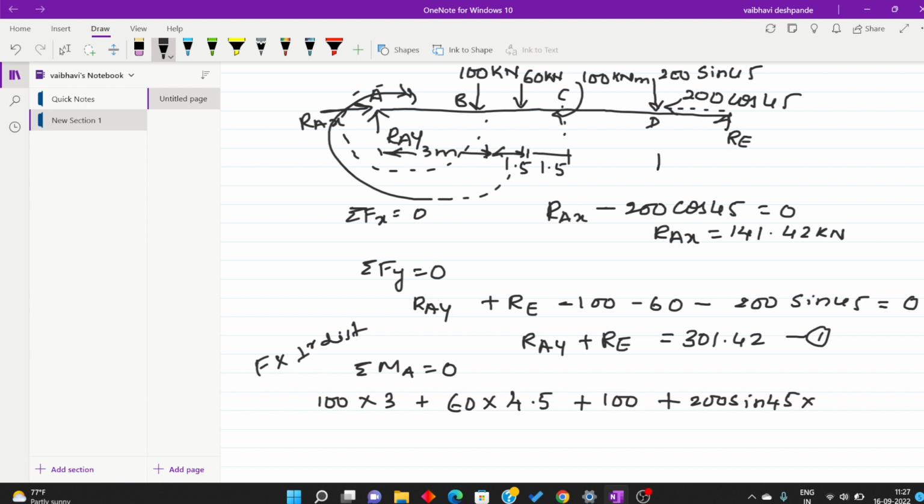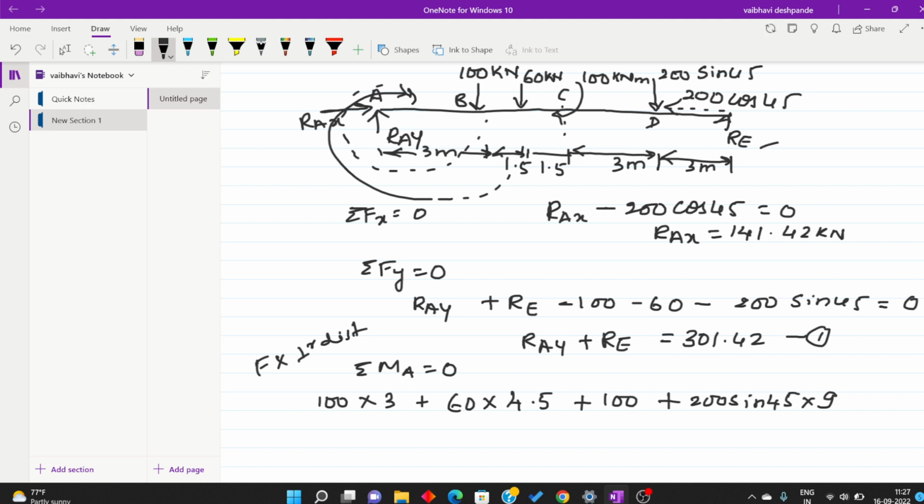Between C and D the distance is 3 meters, and D to E it is 3 meters. So the distance of 200 sine 45 from point A is 9 meters, 3 plus 3 plus 3. So 9.